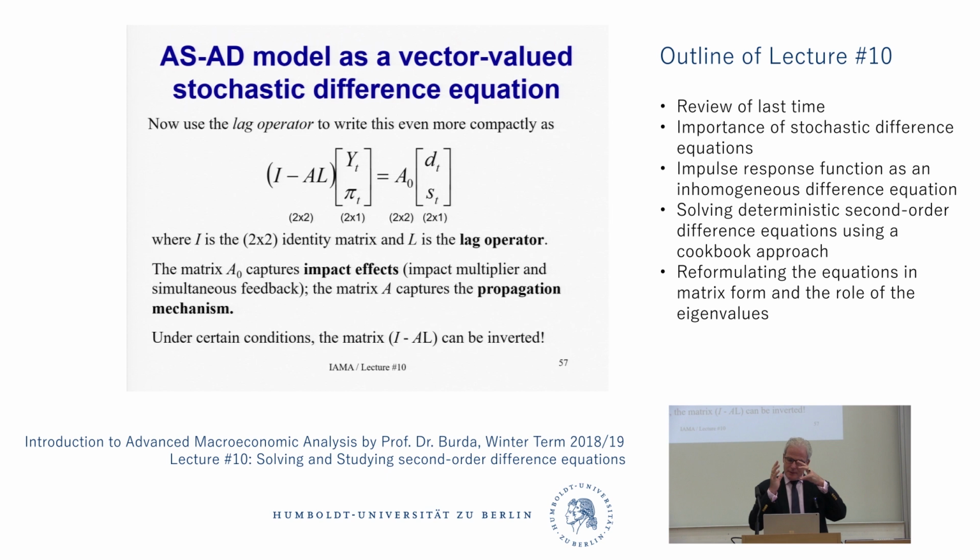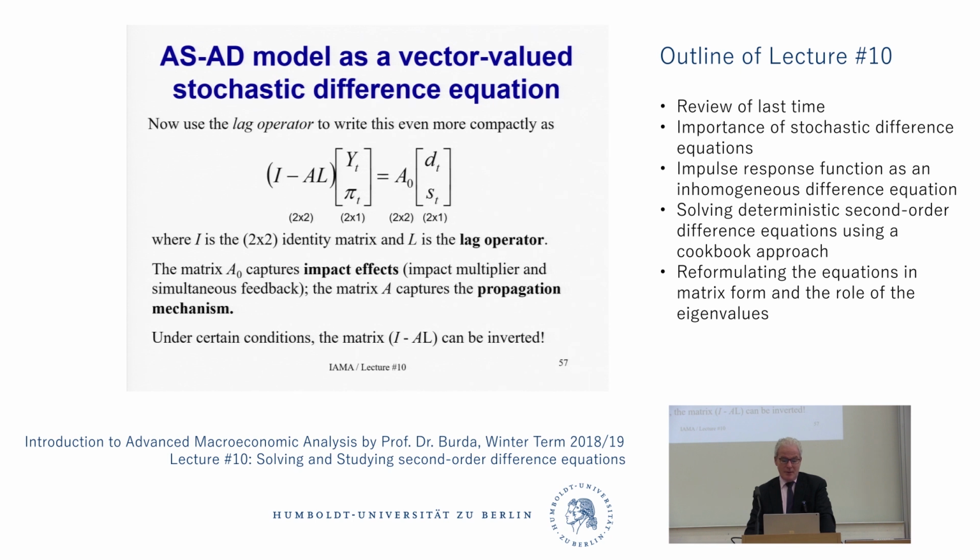Okay, but we know that the model is dynamic, so this effect will have to continue into the next period, and the next period, and the next period. That would be given by the propagation mechanism, and that's summarized by A. A is the matrix that expresses the lag effects of shocks on the current values of inflation and output.